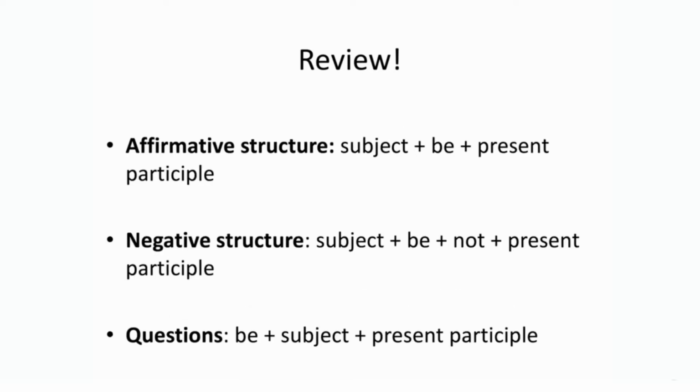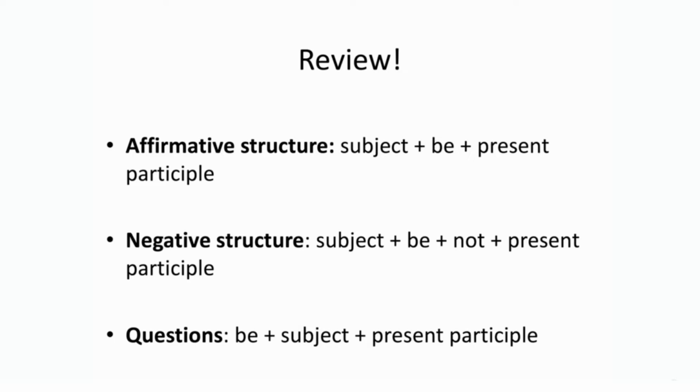To form affirmative sentences in the present continuous, we follow the structure subject plus the auxiliary verb to be, plus the present participle, which is any verb ending with the letters ing.